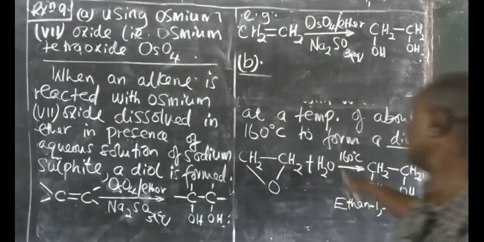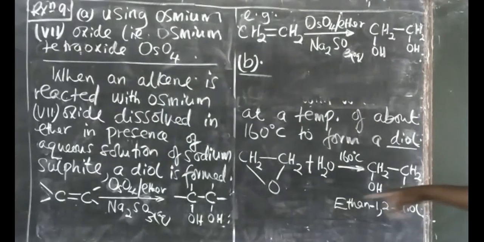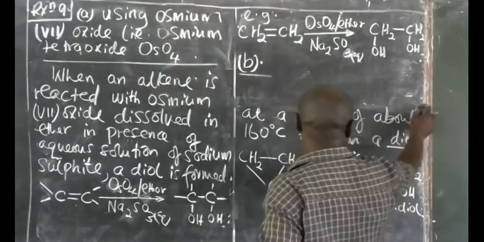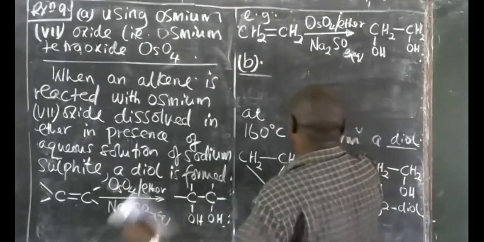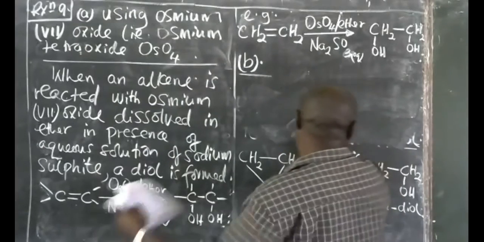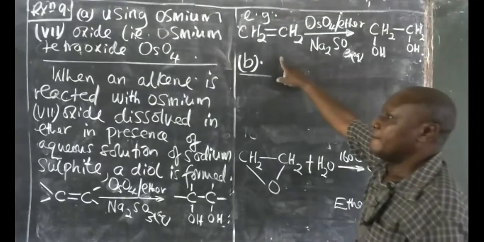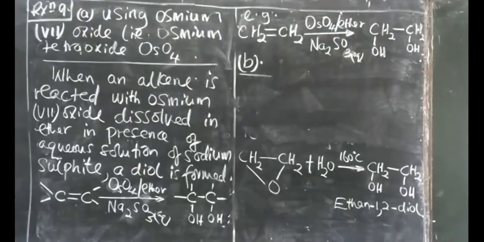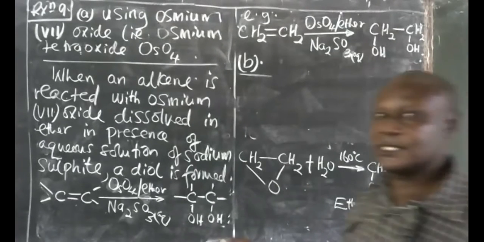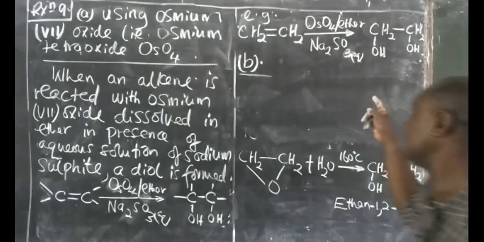Still, you are going to get a diol. So the reaction takes place with an alkene in the presence of a carboxylic acid, for example, ethanoic acid, and hydrogen peroxide, which is an oxidizing agent.